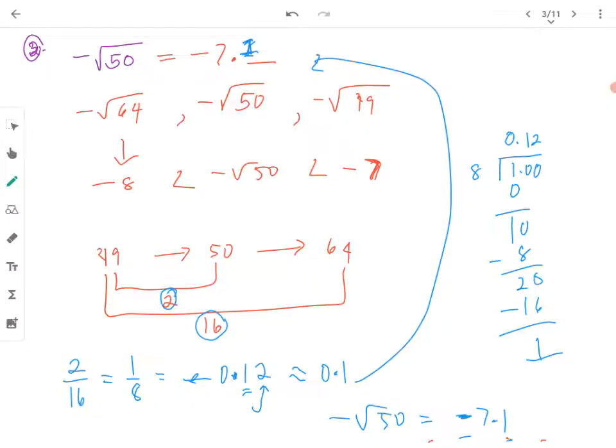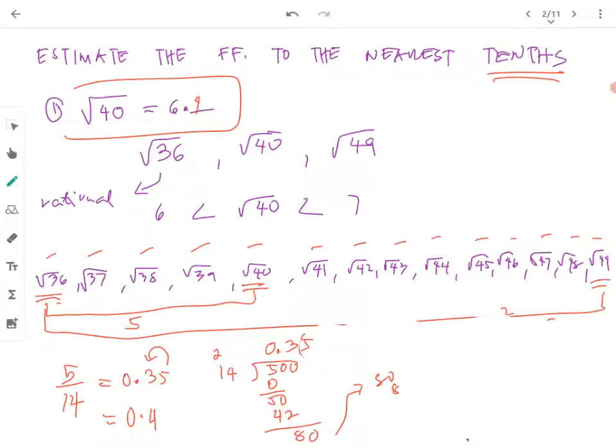So again, let's recall. For square root of 40, what we did is we first identified the 2 rational numbers between which square root of 40 lies. Those 2 rational numbers are square root of 36, which is right before square root of 40, and square root of 49, which is right after. So we know that square root of 36 is 6, square root of 49 is 7.